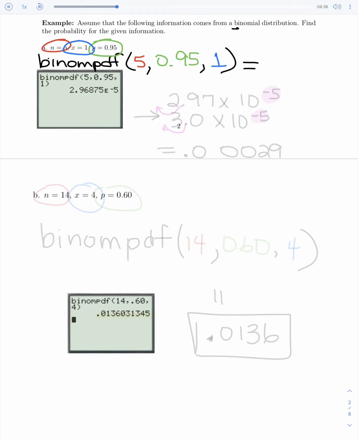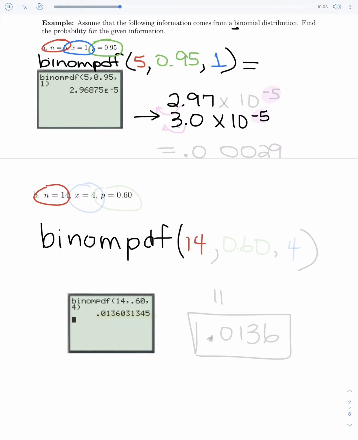Now in this next one, what we'll look at is doing the binomPDF for these new values. So again, we'll start out with our binomPDF, and how you'll access that again is using your second key, and then the vars or distribution key. Scroll all the way down to 0 where the binomPDF is. And again, the question is, what are we going to enter in first? It's always our n first, which is 14.